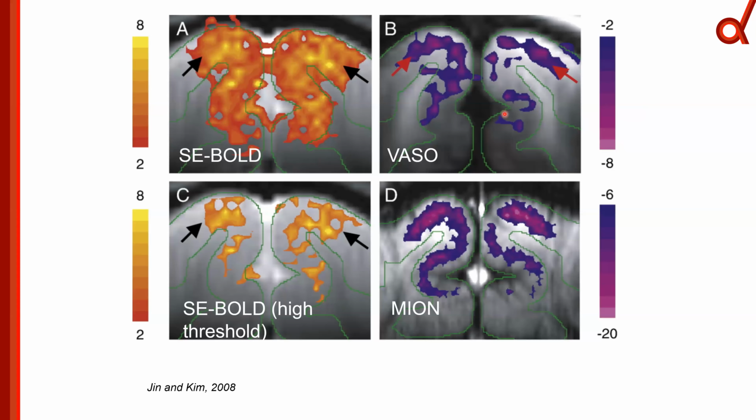So we move on a few years further, and we see from Chunji Kim's lab examinations of spin echo with low and high threshold here, and MION again showing the gold standard.